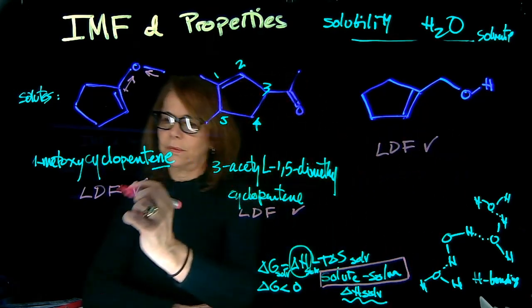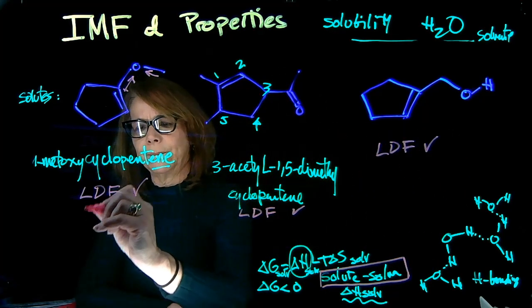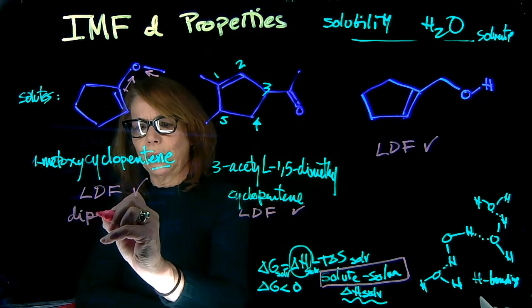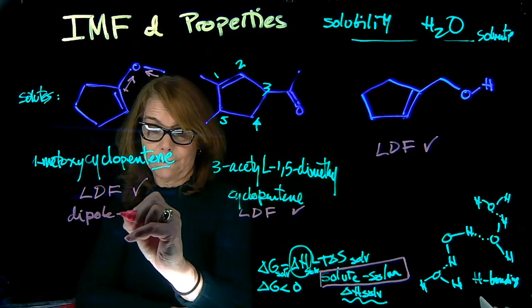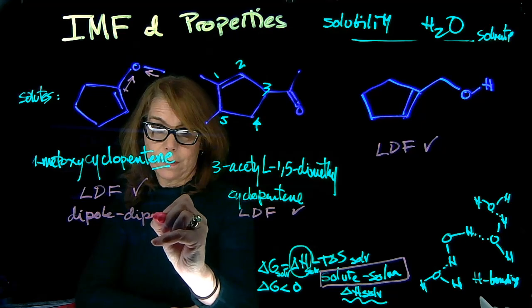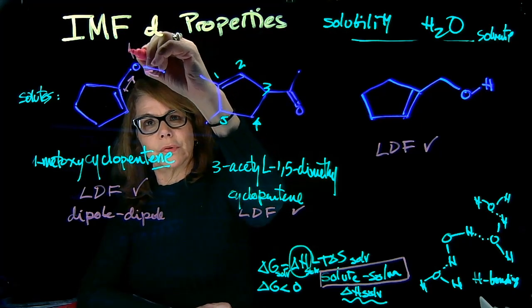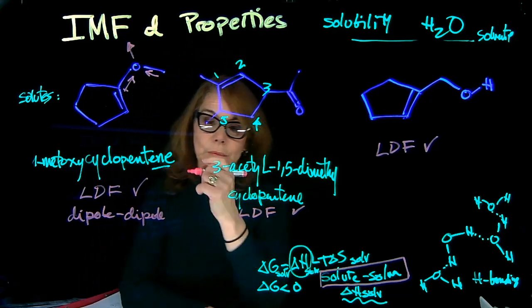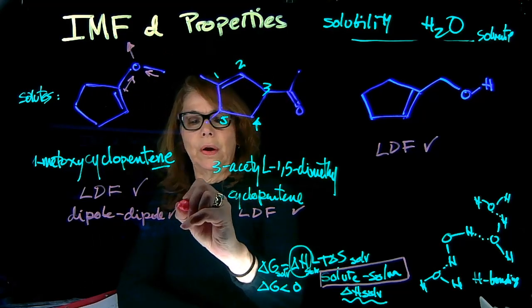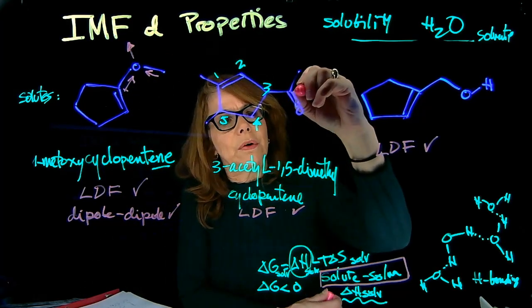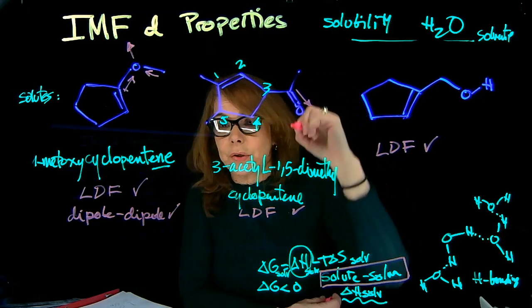Now the next interaction is dipole-dipole, increasing in strength. And I do have a dipole. If you add those two vectors, you have a net dipole moment there. So I do have that. Here you have an even larger dipole.